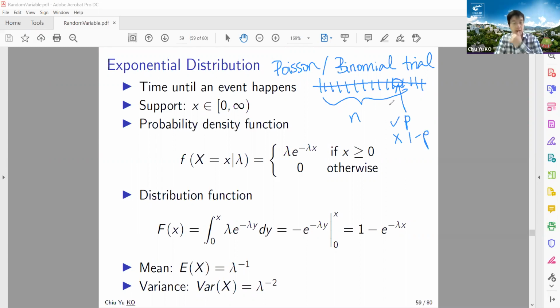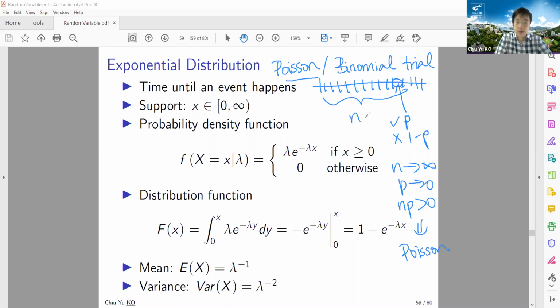If N is large and P is small, NP is positive, then the number of events within this interval becomes a Poisson, right? Poisson is the number of events in this interval.